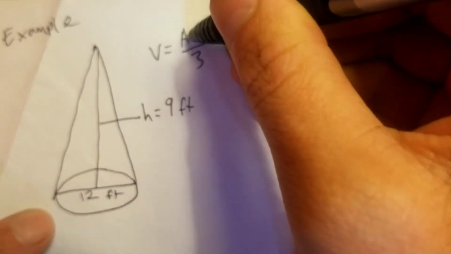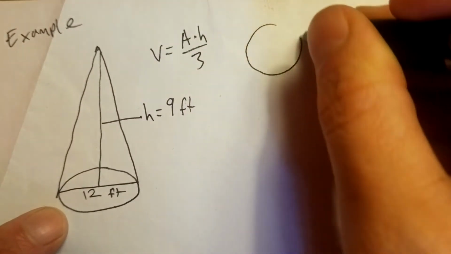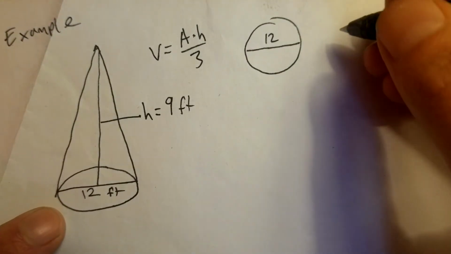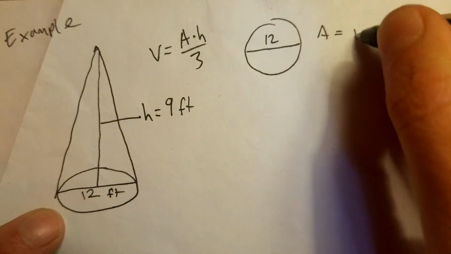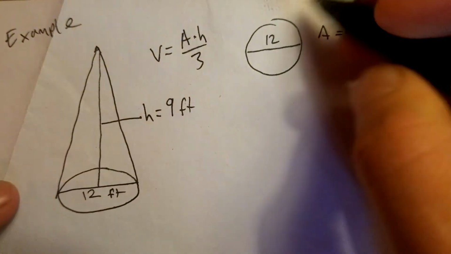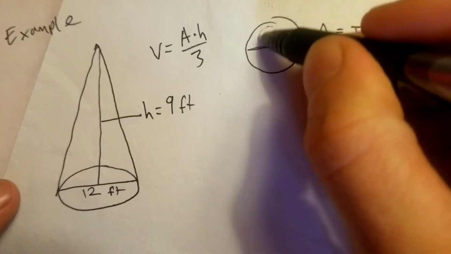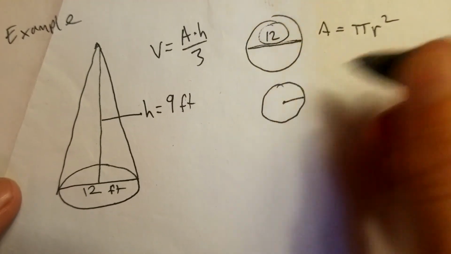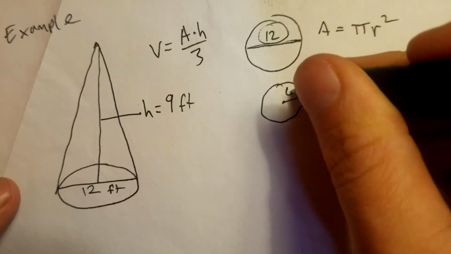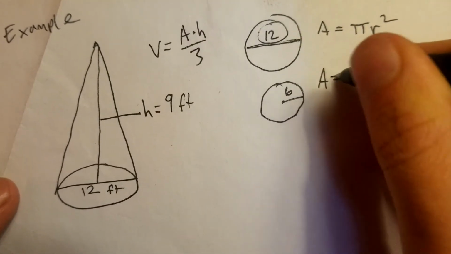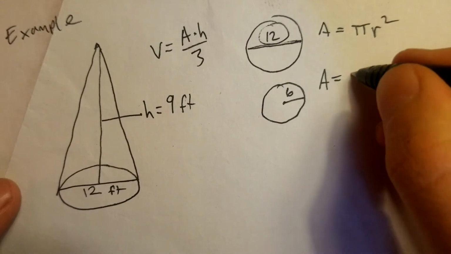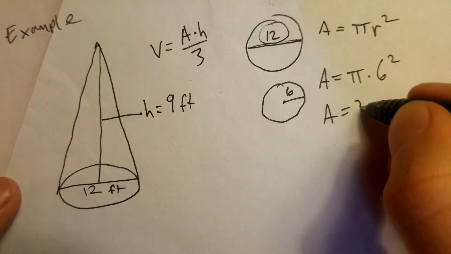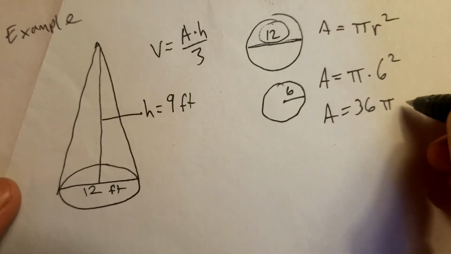In this case, the area of the base is going to be the area of a circle that has a diameter of 12. Remember that the area of a circle is pi times the radius squared, but this is not the radius, this is the diameter. So to find the radius, I just divide by 2, and then the radius is 6. So the area of this base is going to be pi times 6 squared, which is 36 pi.